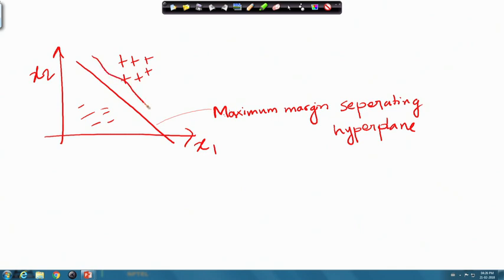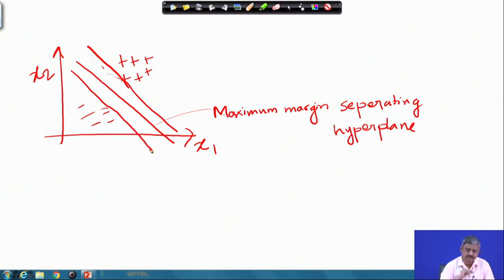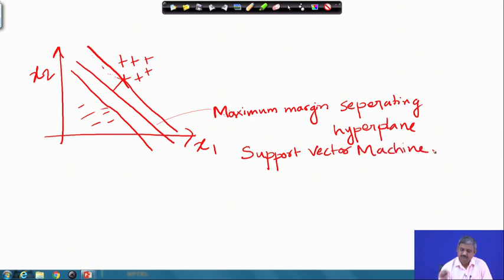What we did was find a line which has the highest margin of separation with the closest point from both classes. And this boundary we called a maximum margin hyperplane, or a support vector machine.